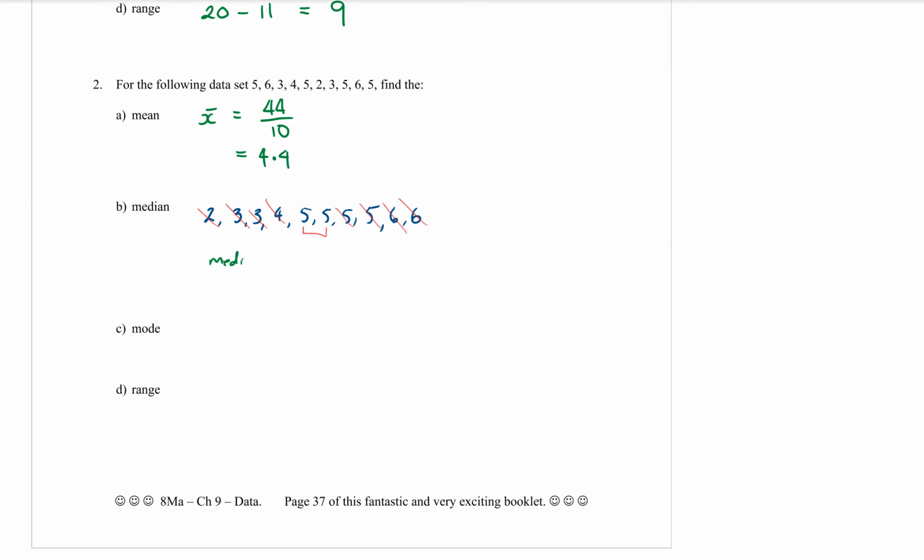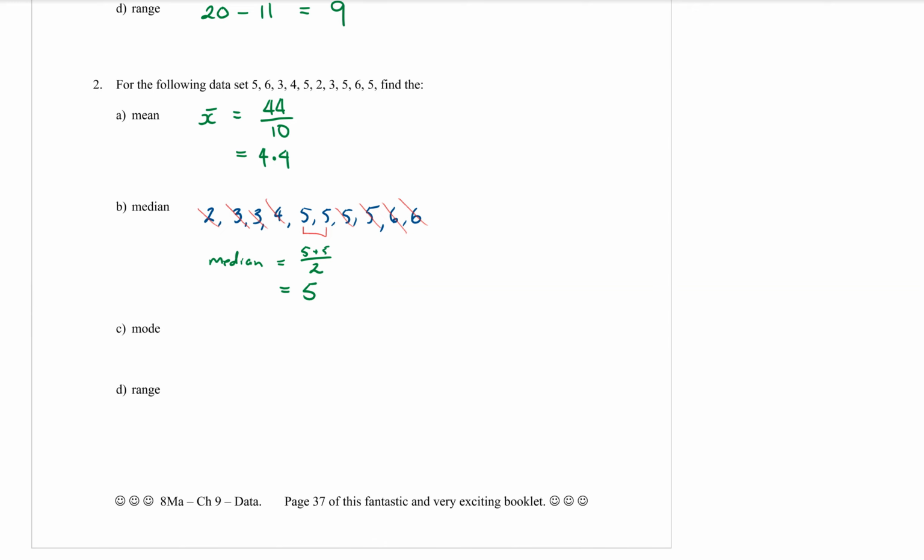So the median will be equal to 5 plus 5 divided by 2. But because they're both 5s, that equals 5, which makes sense, that the average of 5 and 5 is 5. So if there's 2 in the middle, you add them together and divide by 2.